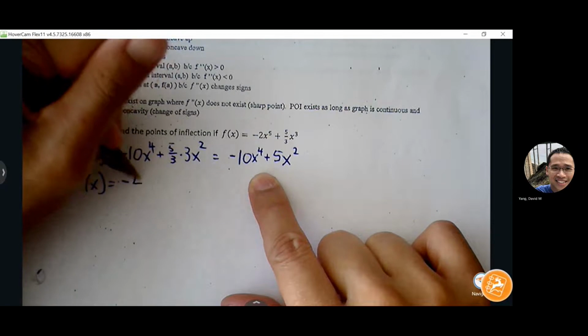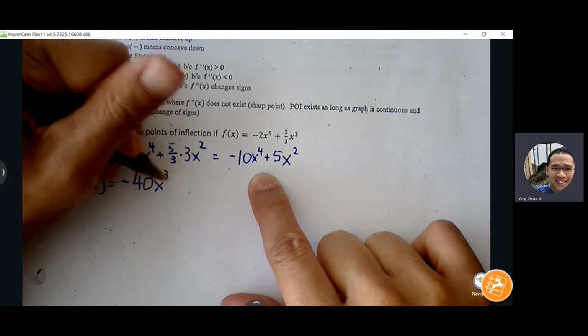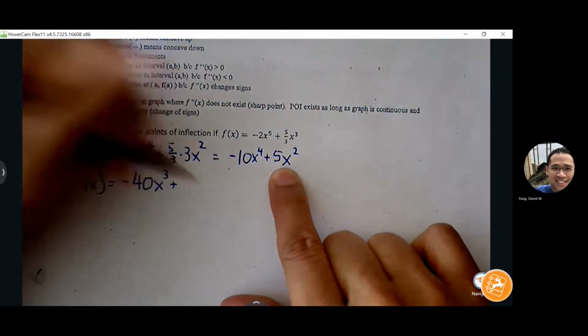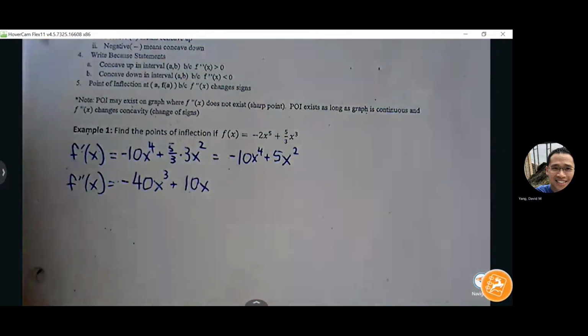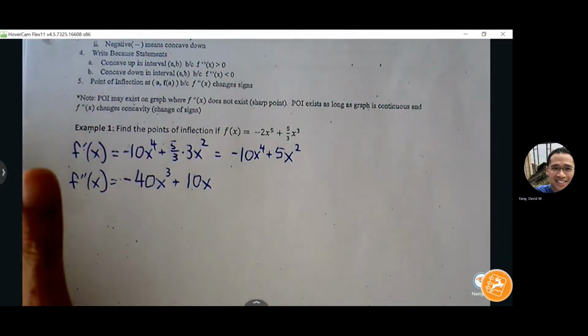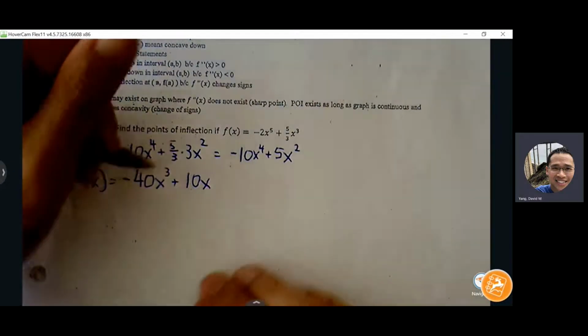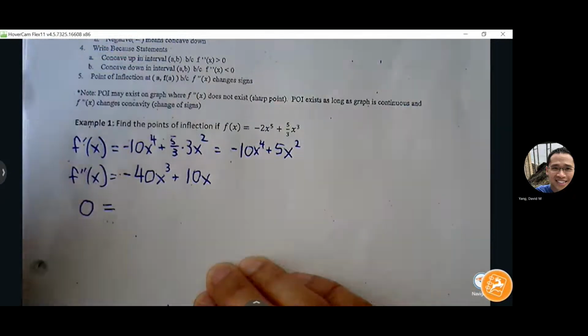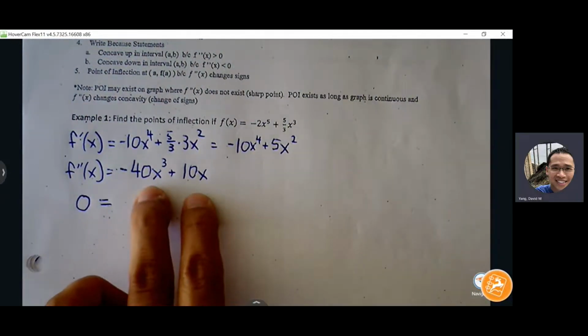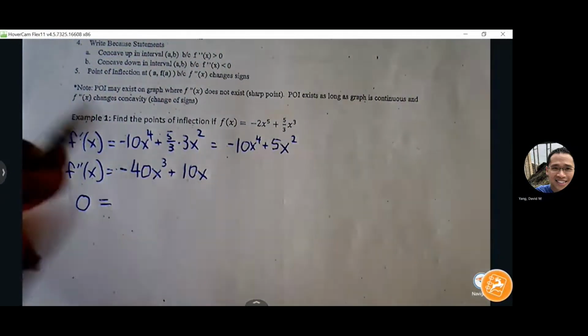Negative 40x cubed plus 10x. Now we can stop. Find our critical points, set equal to 0. Okay. Factor, is there a GCF we can take out? Next.